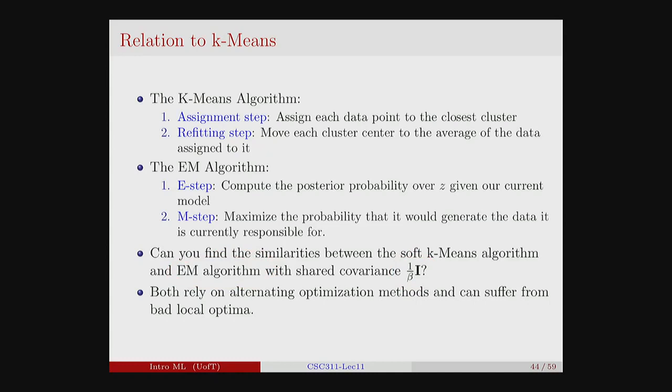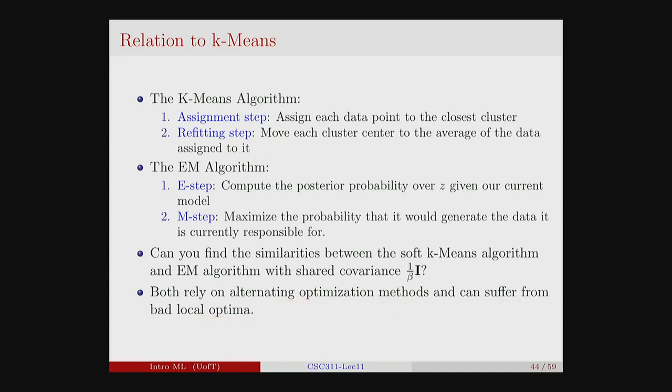What you can actually show is that this process of EM is identical to doing soft k-means if you set the covariance matrices for your Gaussians, each of the p of x given z's, to be 1 over beta times the identity matrix. Both of them rely on alternating optimization methods and can suffer from bad local optima. So it's something to be worried about.